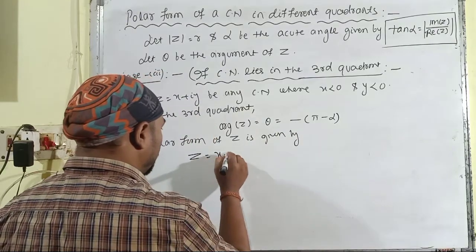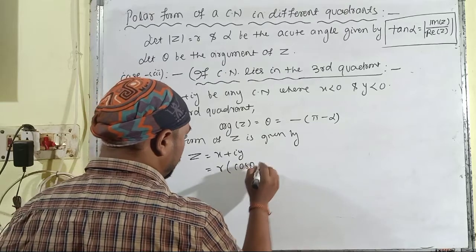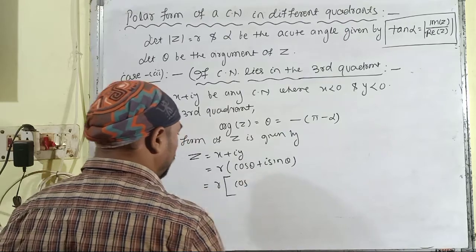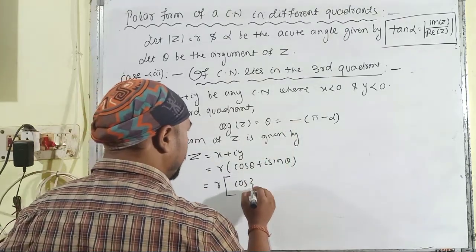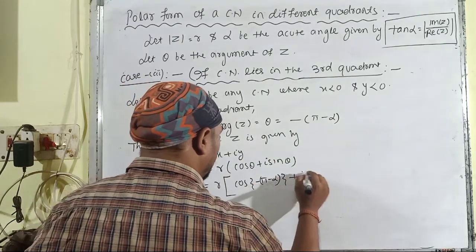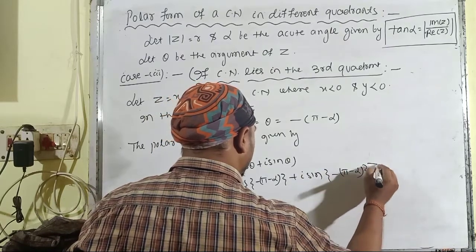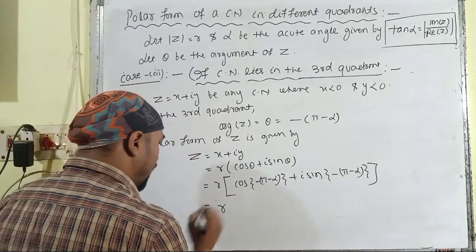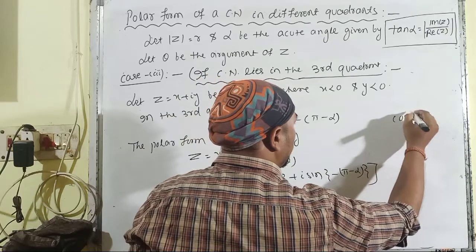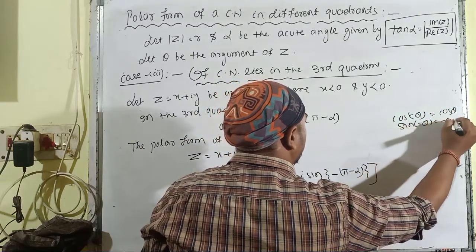So the polar form of z is given by z is equal to x plus iy, represented by r (cos theta plus i sin theta). In place of theta we use minus (pi minus alpha), so it is r (cos(pi minus alpha) minus i sin(pi minus alpha)), since cos of minus theta is cos theta, but sin of minus theta is minus sin theta.